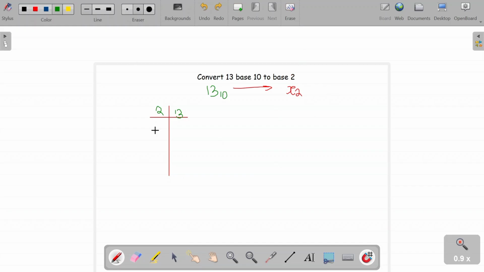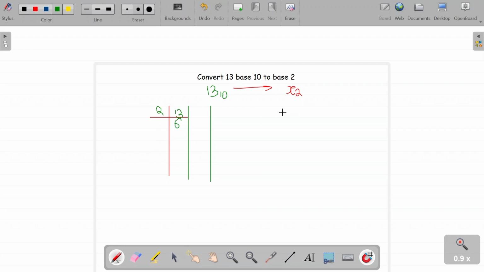Okay, so let me draw another line just to represent the remainder or remainders, which will be on this other side here. Okay, so let's start. So 2 in 13 is going to be 6.